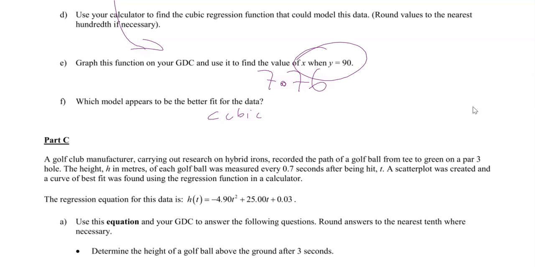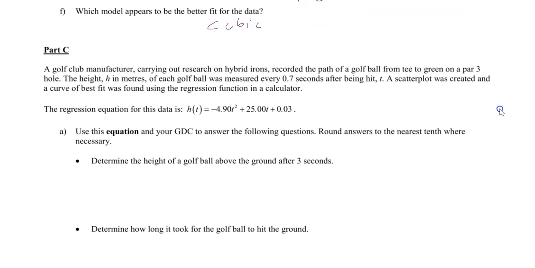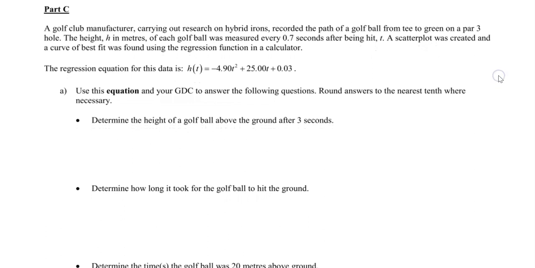Part C. A golf club manufacturer carrying out research on hybrid irons recorded the path of a golf ball from tee to green on a par 3 hole. The height h in meters of each golf ball was measured every 0.7 seconds after being hit. That's your time, t. A scatter plot was created and a curve of best fit was found using the regression function in the calculator.